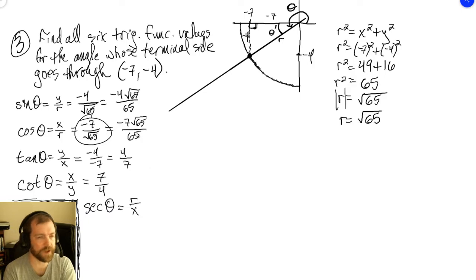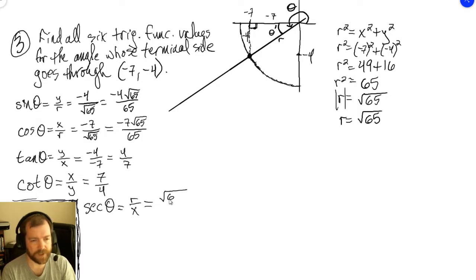You end up with a rational denominator in the first place, so then you don't have to worry about whether or not to rationalize stuff. So this is going to be square root of 65 over negative 7, or just negative square root of 65 over 7. You could decide where to put the negative sign. That's fine. It's all good.